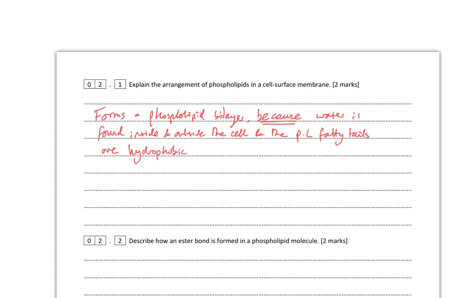Or I could say that the globular head is hydrophilic, and therefore they move away from water. The cytoplasm's full of water. Tissue fluid is outside, that's full of water. So I guess people get it wrong because they just describe it and don't say because. And the reason it forms a bilayer is because those tails are trying to get away from water.